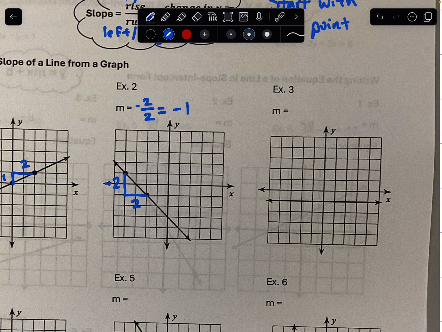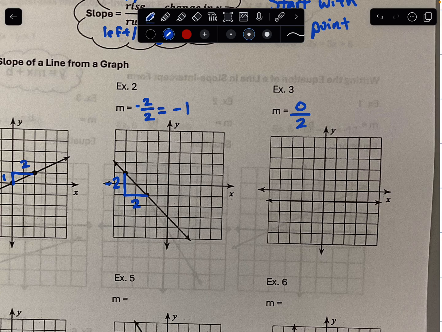Now, number 3 can be a little confusing if you haven't ever seen it before, because is there anywhere to count up and over? No. What is your y value every time here? -1. So is -1 ever changing? No. So if the y values never change, let's say it changes 0 times, and the x value changes twice, it doesn't really matter.